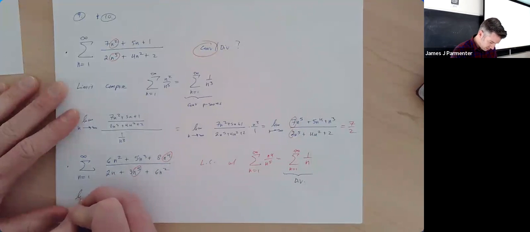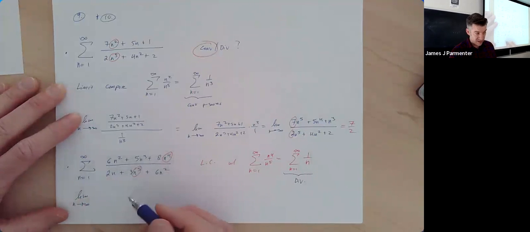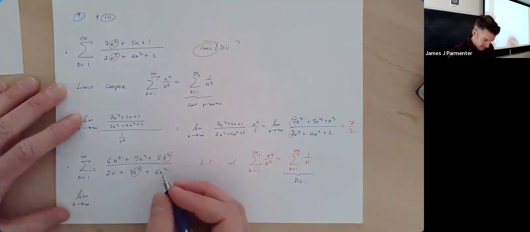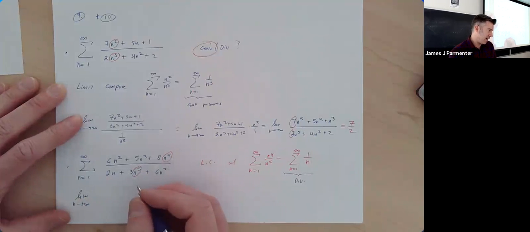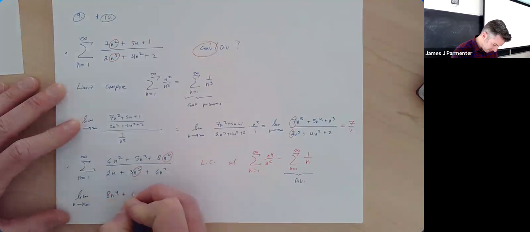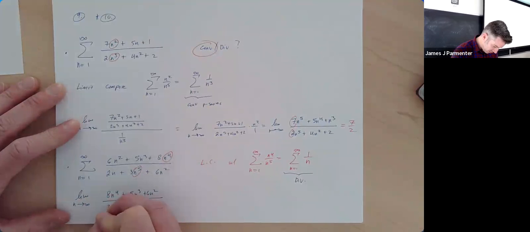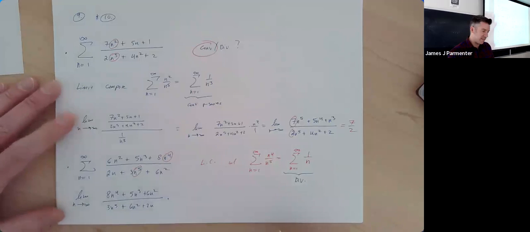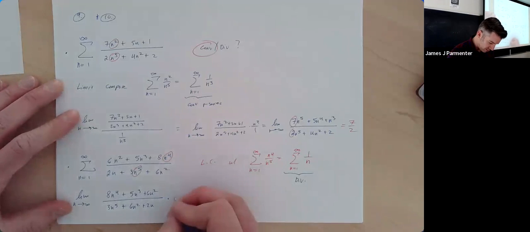So then we're going to do the limit as n goes to infinity of the unknown thing, which I personally would rewrite in the standard way, of 8n to the fourth plus 5n cubed plus 6n squared over 3n to the fifth plus 6n squared plus 2n times, right, I'm not going to divide by 1 over n, I'm going to multiply by n over 1.